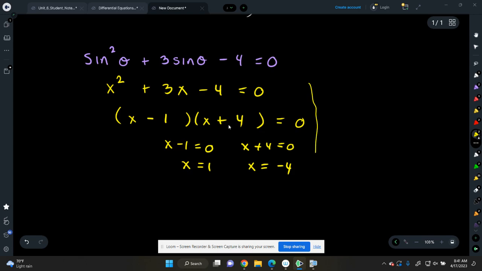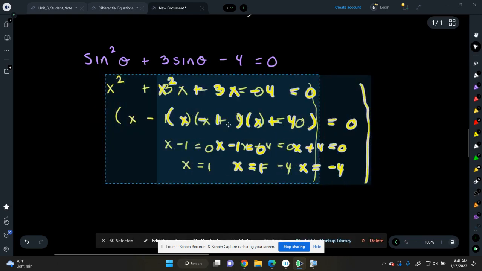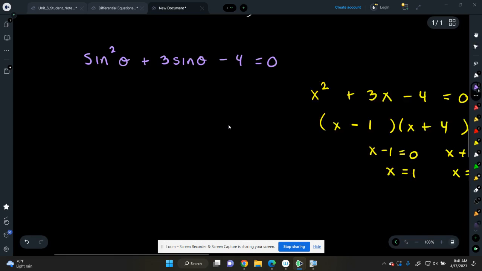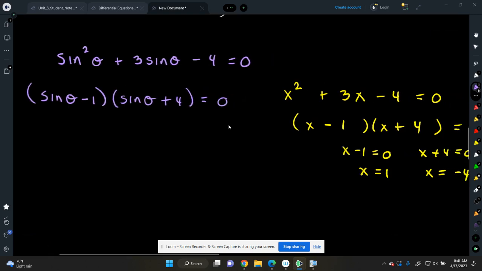Well, we're going to do the same thing, except instead of x, it's going to be sine. Okay, so we're going to factor this as sine theta minus 1 times sine theta plus 4 equals 0. We're factoring the same way we would if it was x's.